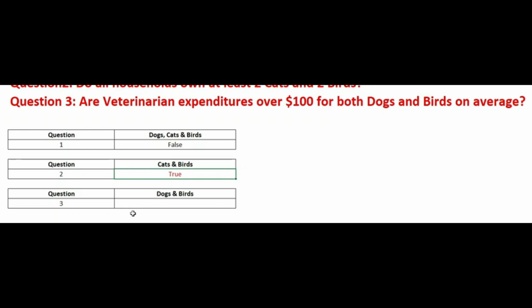All right, question 3. Are veterinarian expenditures over $100 for both dogs and birds on average? All right.